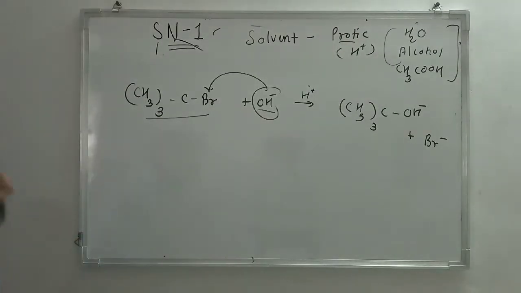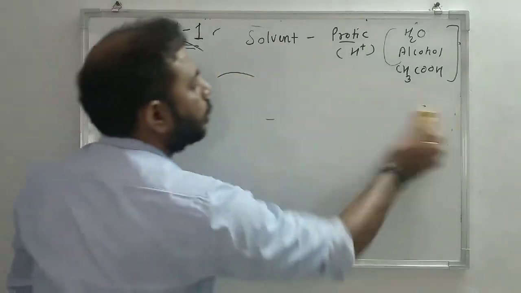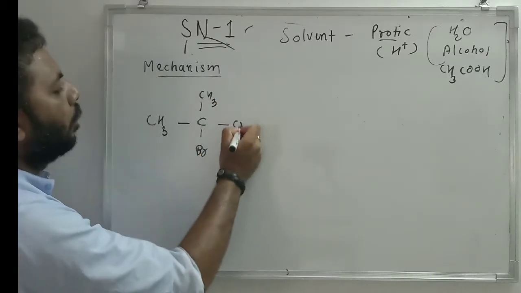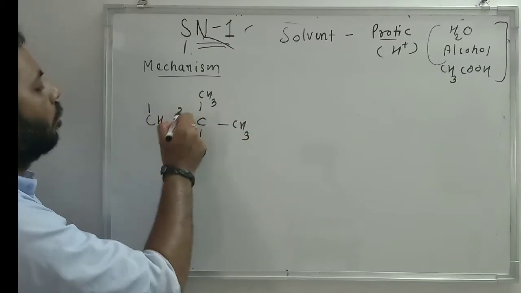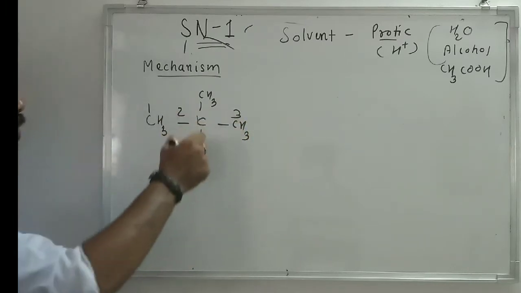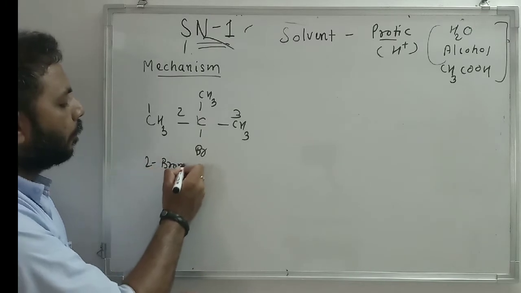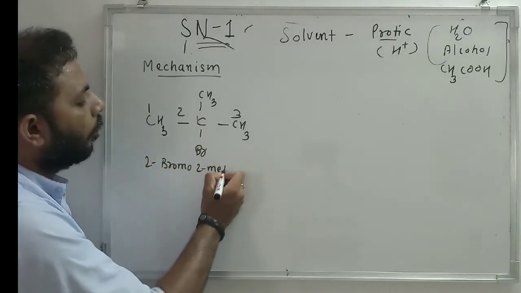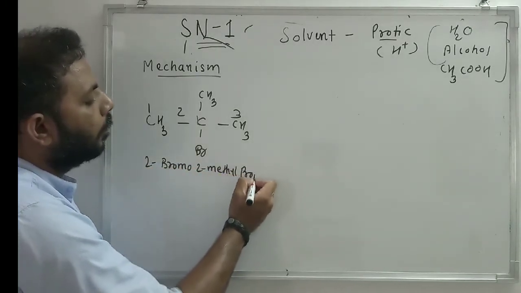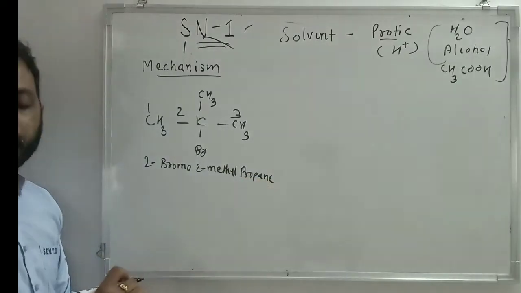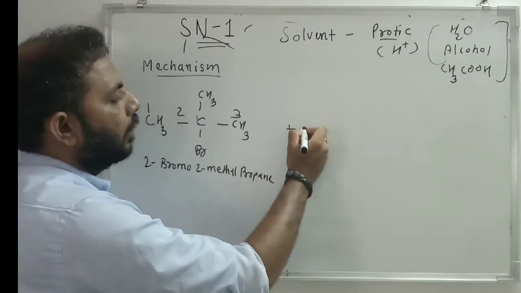So first step is 2 bromo 2 methyl propane. Okay, and nucleophile is OH minus.